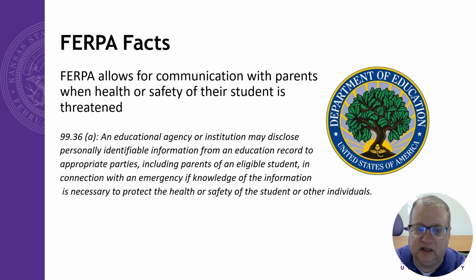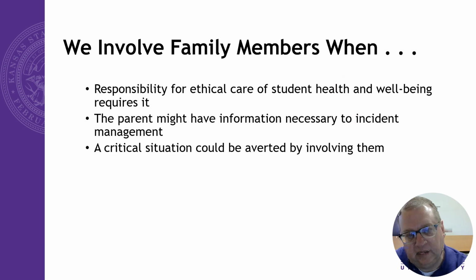Now, FERPA does allow for communication with parents when the health or safety of their student is threatened, and we make that determination between my office and the Student Support and Accountability Office, that if we need to intervene, how we will do so. And then we normally involve family members when there's a responsibility, like we're worried about the health and well-being of that individual.